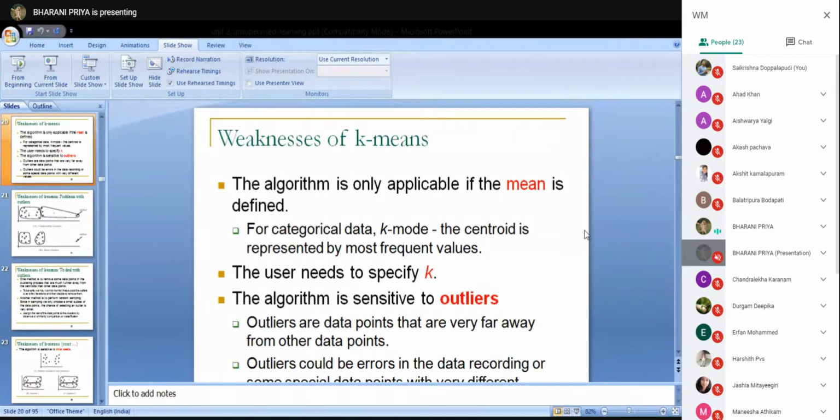Mode is used mainly for categorical data. And specifying the k value is also difficult. How many clusters do you want to make? How will you decide? That is also difficult. And the algorithm is sensitive to outliers.